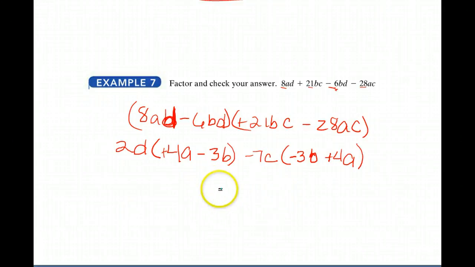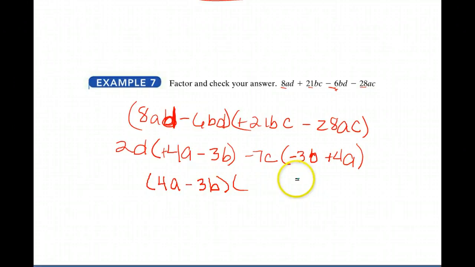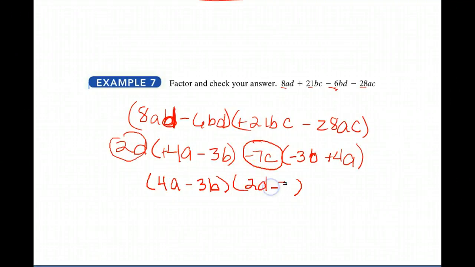I now have identical groups. Remember that addition is commutative. You can flip-flop those numbers and they'll mean the same thing. So I'm going to bring that group down, 4A minus 3B, and I'm going to get ready to write my new group, which will come from 2D and negative 7C. So my new group is 2D minus 7C.